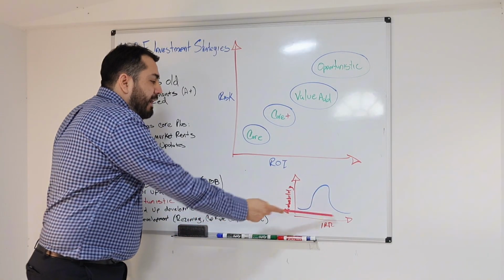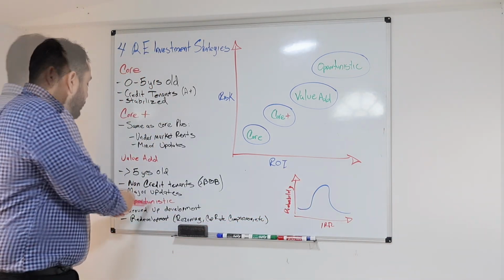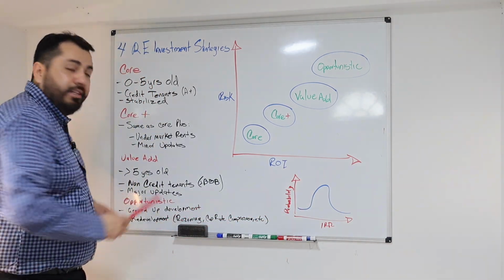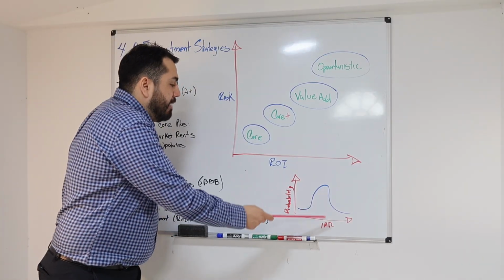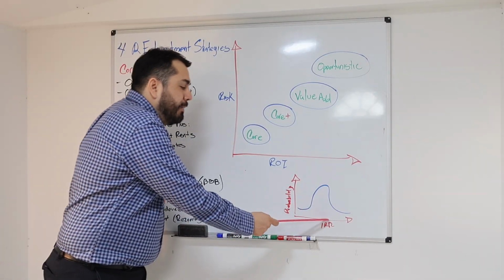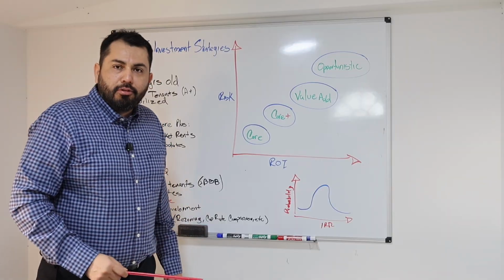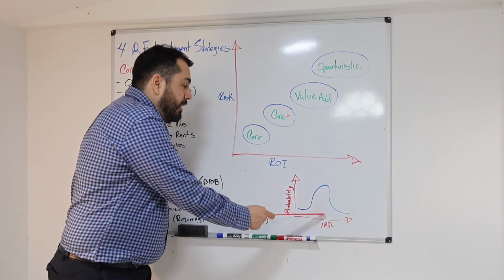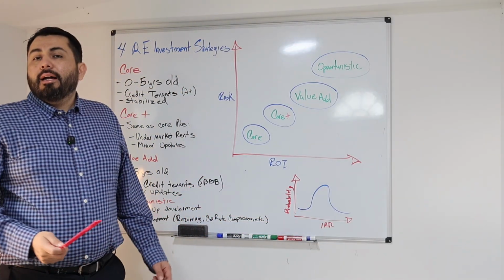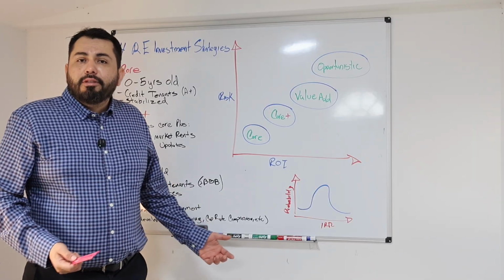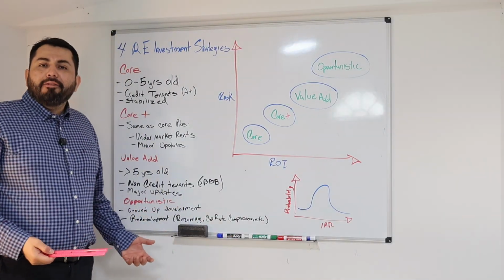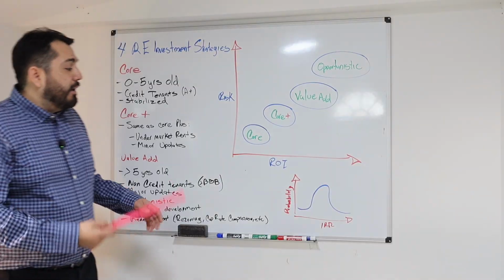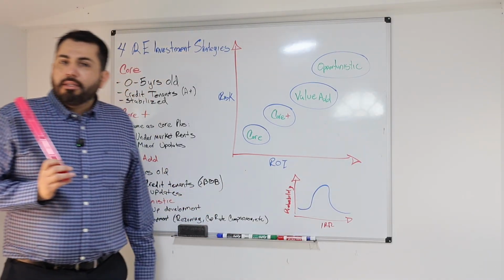Because what this graph says, for example, if you only do opportunistic, is that maybe in one deal you will get a 20% return, but in another deal you get 0% return, or you lose money, because this one has more variance. That's what translates to the risk.